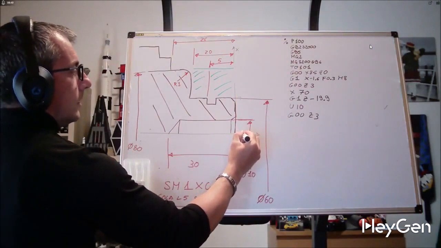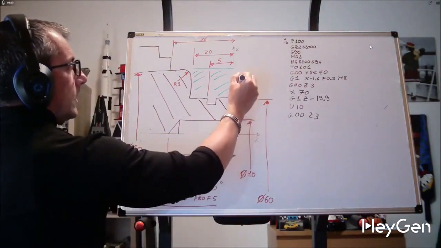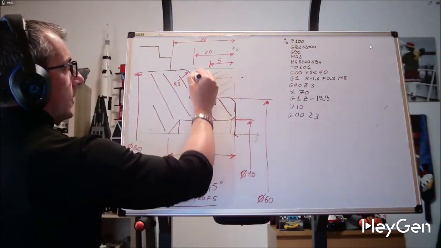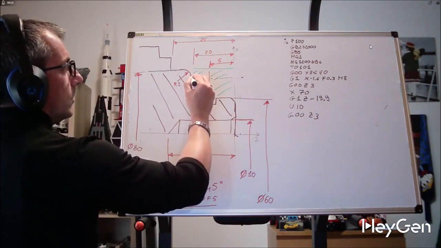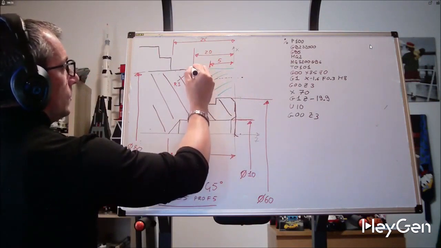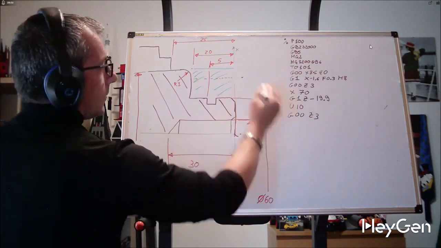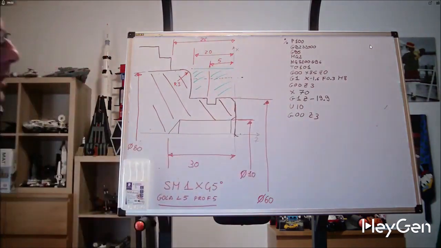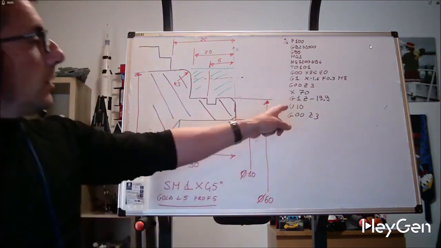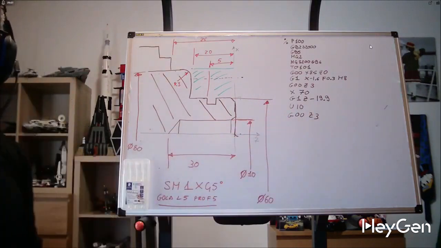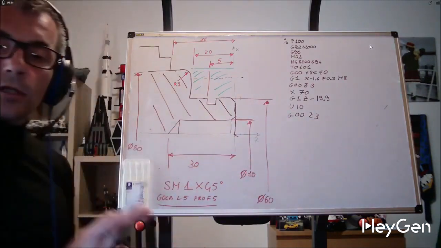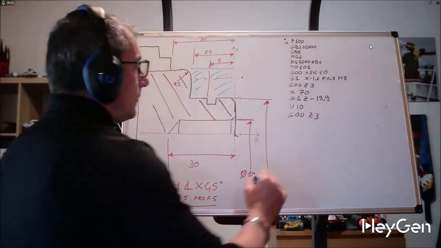At Z3, I moved to X70 quickly, went to 19.9, U10, returned to X80, and then G0, Z3, I went back to Z3. Always check if you need to write U10 or U5, because some machines are radial.